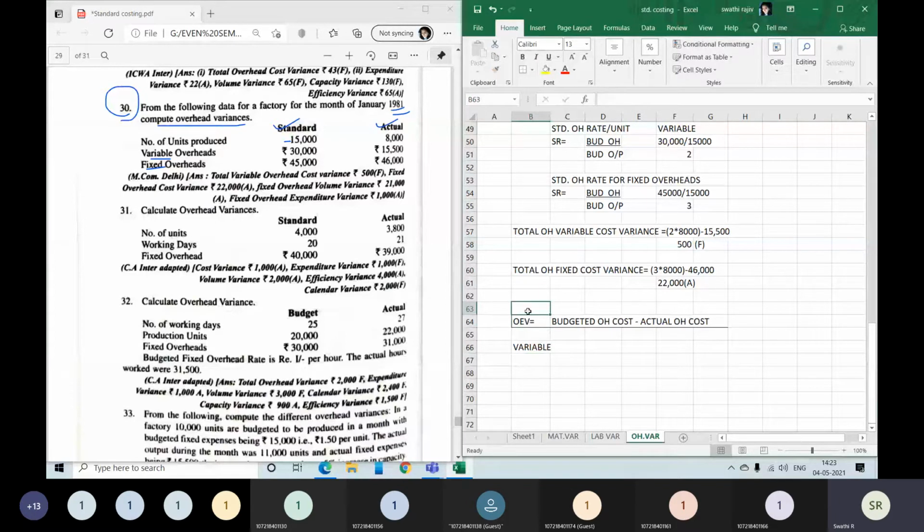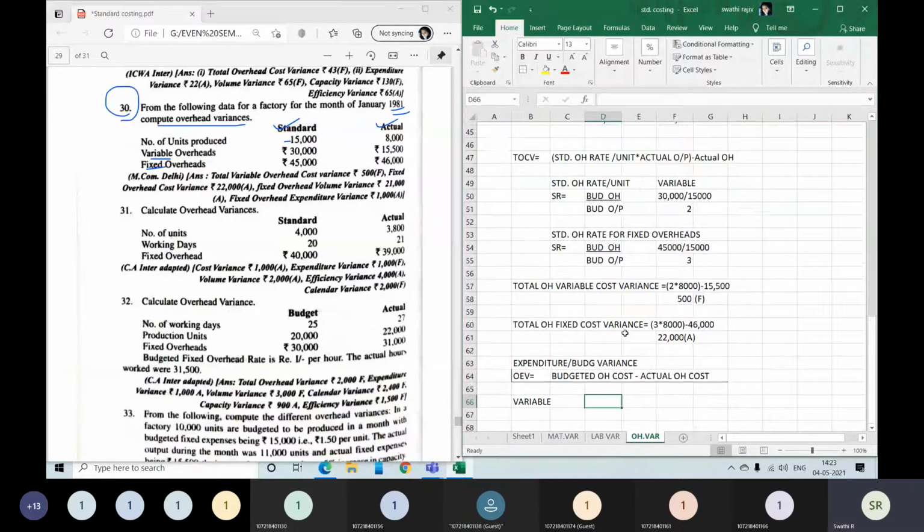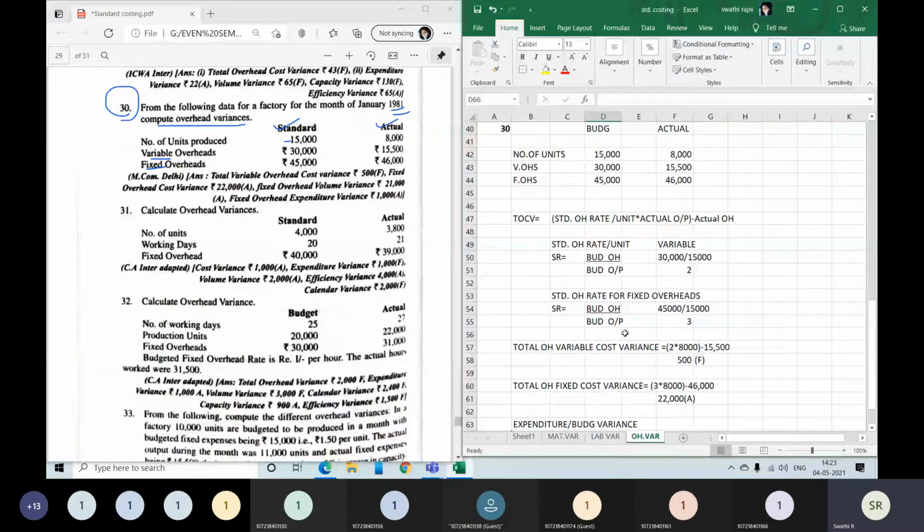Okay, otherwise I'll write it as budgeted variance is equal to, for variable, what is your budget overhead cost?